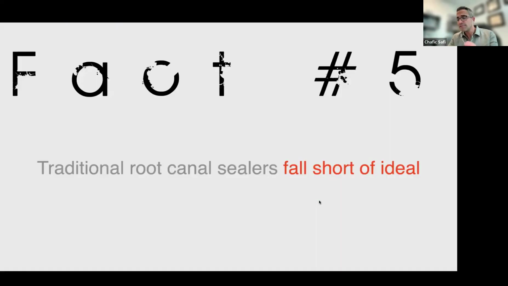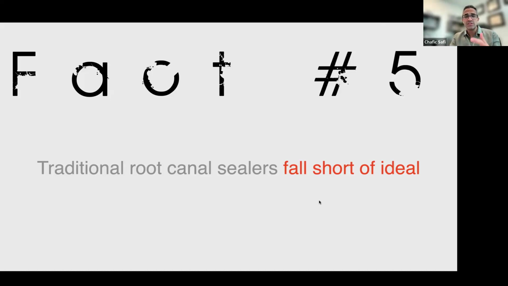And finally, if this wasn't enough, when I was looking into why this simple central incisor case had failed when I was a resident, I also found literature showing me that traditional root canal sealers, which might have been used in the case that I shared with you at the beginning, also fall short of ideal.